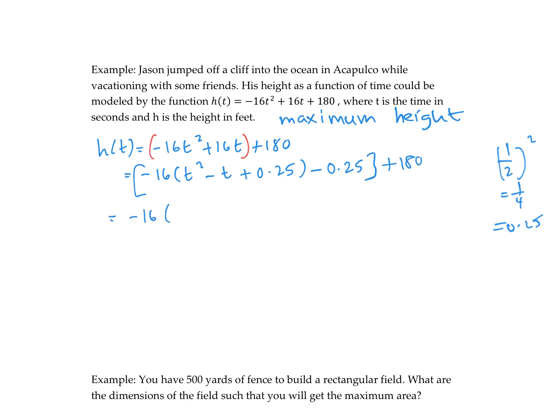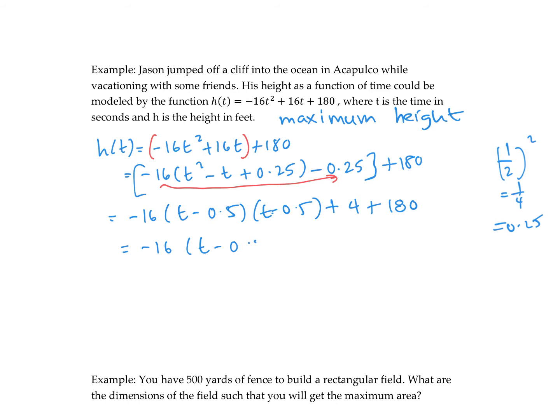So it's minus 16 t minus a half twice. Then I'm going to multiply the 16 times the negative 0.25, so that's positive 4. And then we have t minus 0.5 twice plus 184.